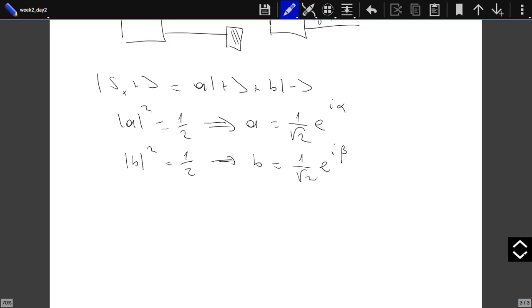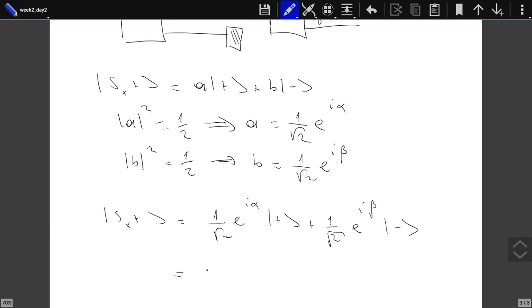So from experimental observation, I can say that the Sx plus state should be 1 over square root of 2 e to the power i alpha plus, plus 1 over square root of 2 e to the power i beta minus.